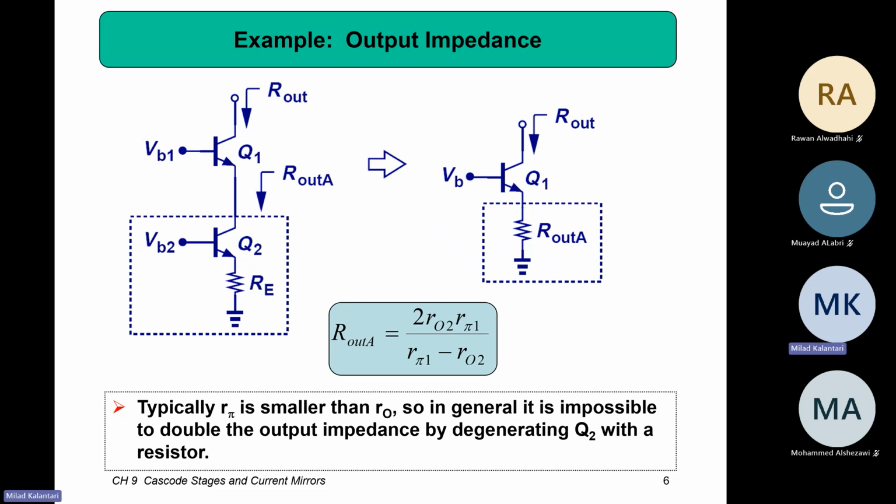So what if we furthermore increase this calculation? Instead of putting the Q2, we add another RE to it. We can again calculate this R out, right? So from here, we can calculate the R out seen from the bottom side, which would be like this. And then one step more, you can find the R out at the top collector by assuming that this R out is here.